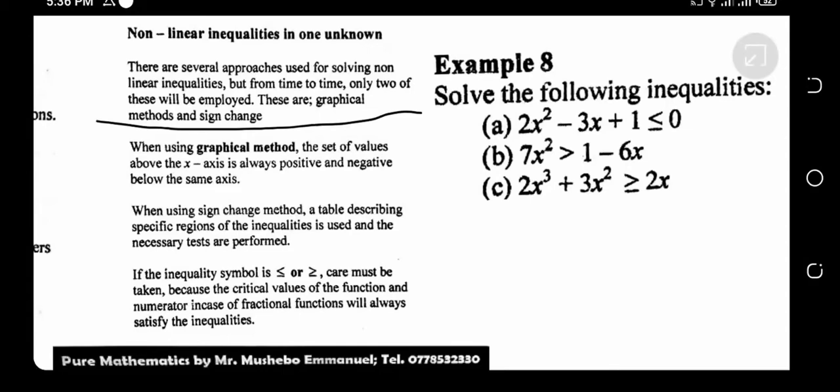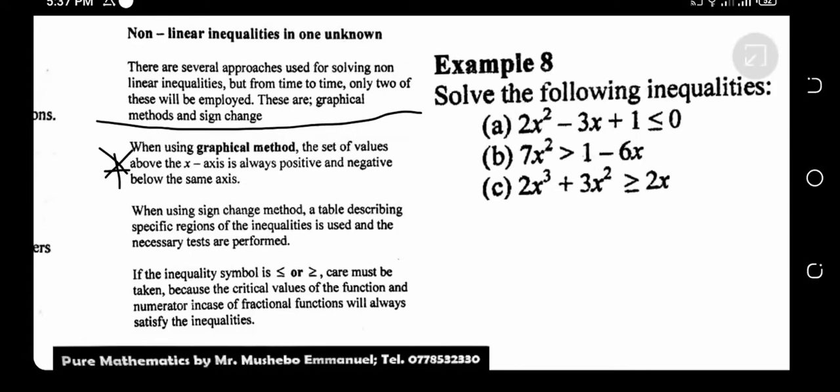Here we are saying that there's a graphical method and there's sign change. Specifically here, we are going to be looking at the sign change. Graphical, we will not concentrate on it a lot, so we can just leave graphical aside. We are going to go through the one which uses sign change.